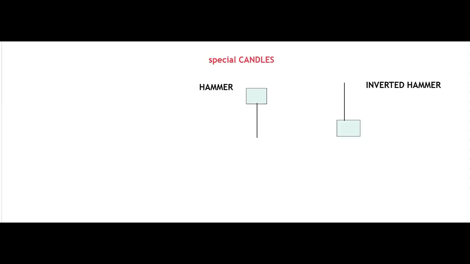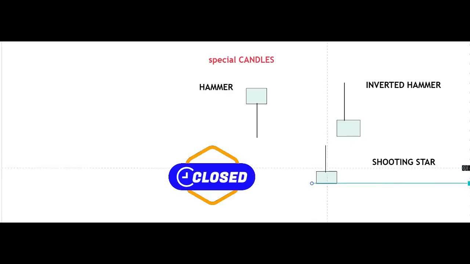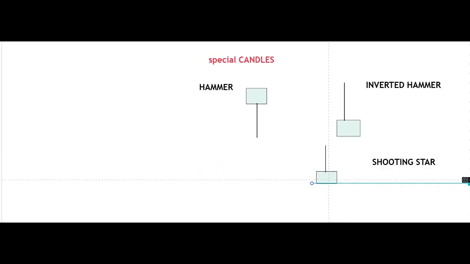One more single special candlestick pattern is the shooting star. It is the same candle, just like an inverted hammer. But what is the difference between an inverted hammer and a shooting star? Generally we call both of these an inverted hammer, unless the subsequent candle closes below the inverted hammer, then we can name it a shooting star.